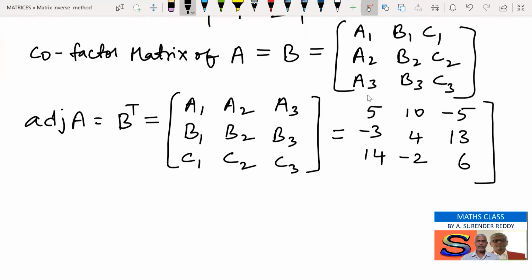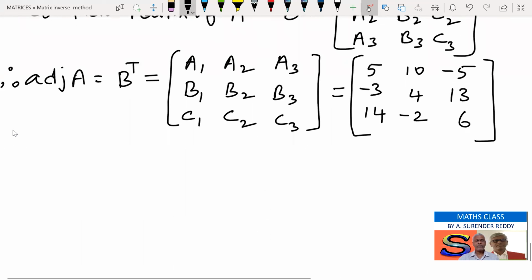So this is the adjoint of A. So this is how to find the adjoint matrix of a given 3 by 3 matrix.